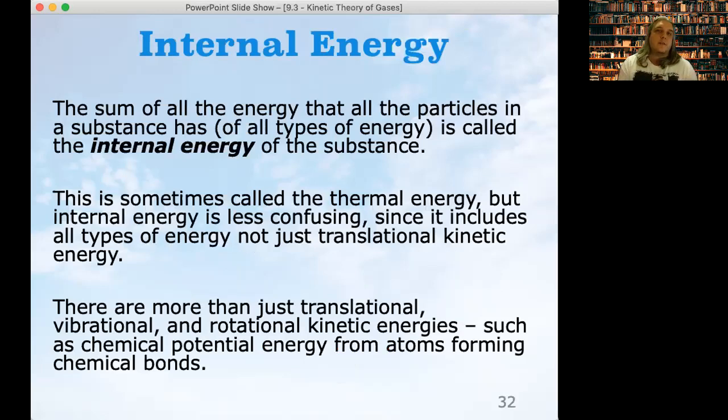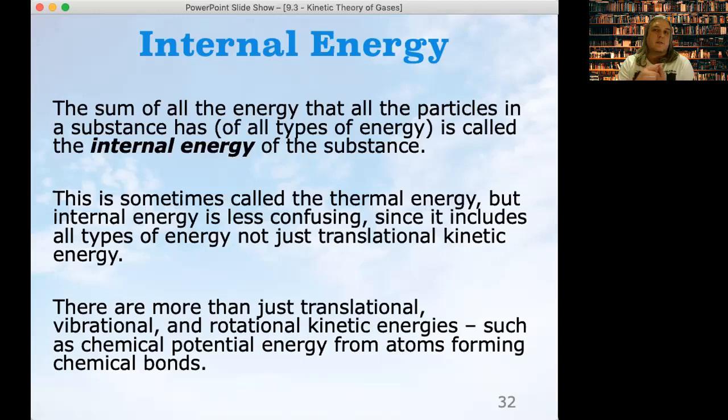And all of these different types of energy, the rotational, the vibrational, the translational, whatever other kinds there are, if you add all of them up for each particle and get the total energy of that particle, and then add all the energies of all the particles in your system together, you get what we call the internal energy of that system, of that substance. Okay? So for internal energy of a gas, you'd have to watch every little possible gas molecule.